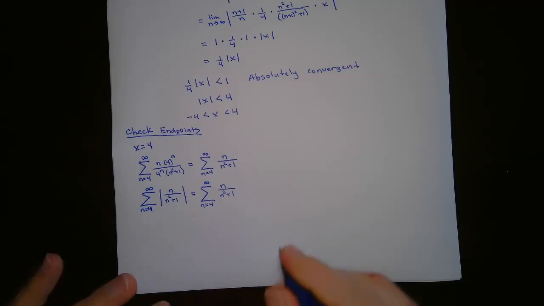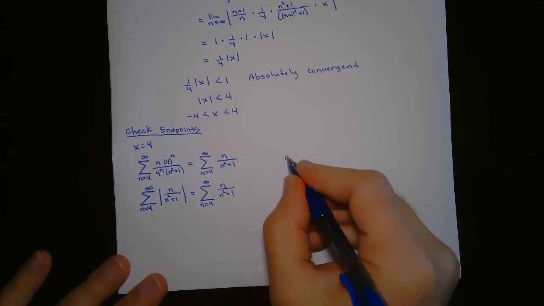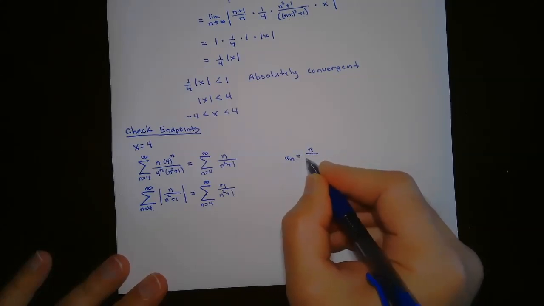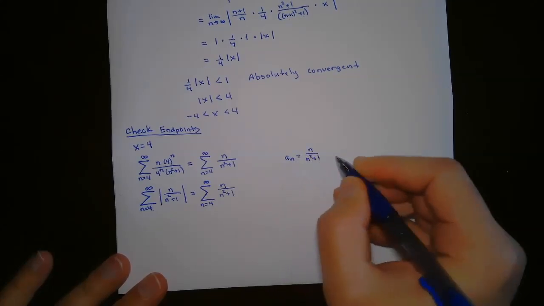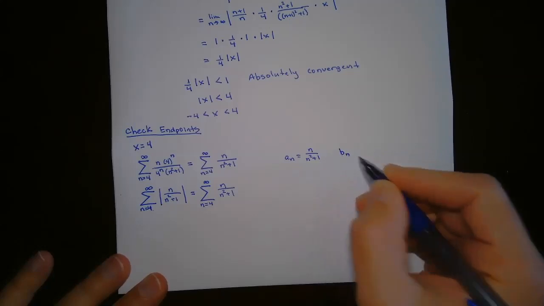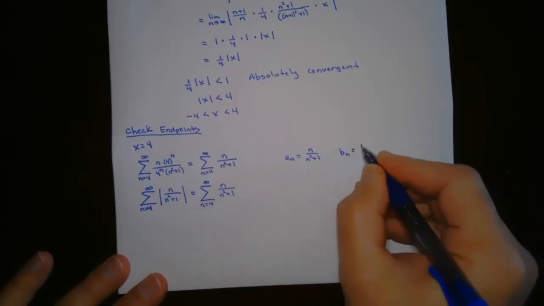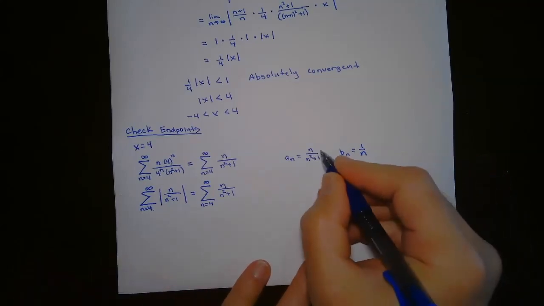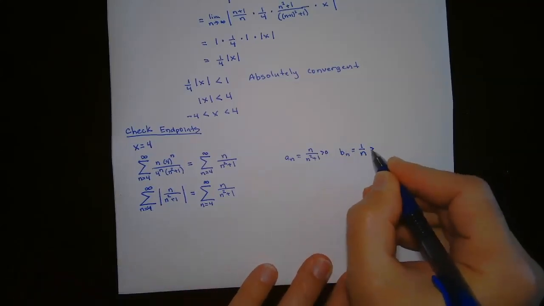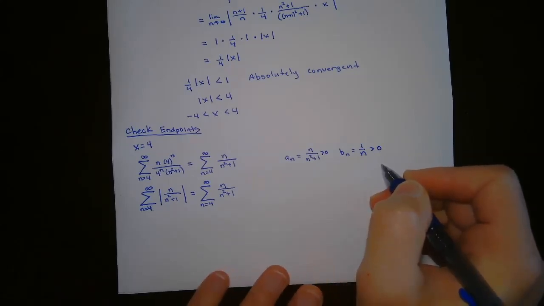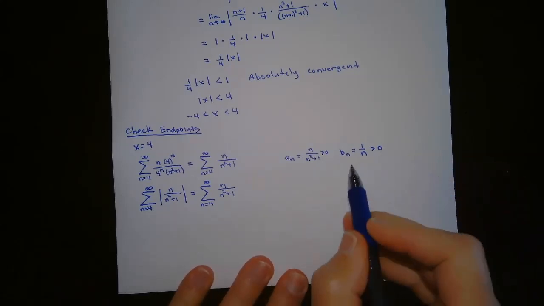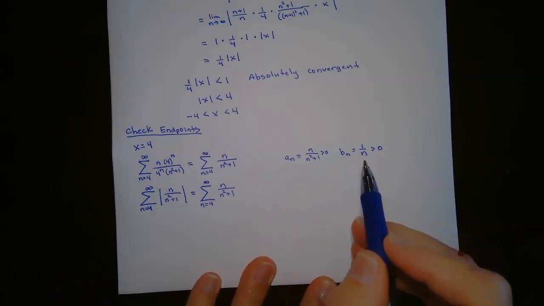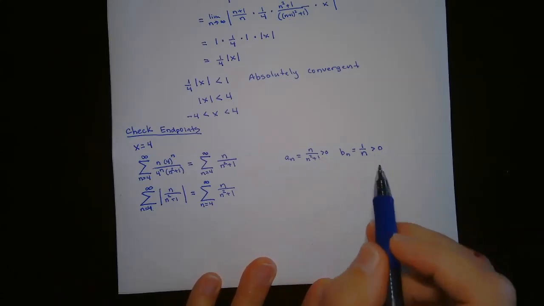My a sub n is n over n squared plus 1, and my b sub n, the one I'm going to compare it to, is 1 over n. I know this one is greater than 0, and I also know this one is greater than 0. And the series 1 over n will diverge because it's the harmonic series.